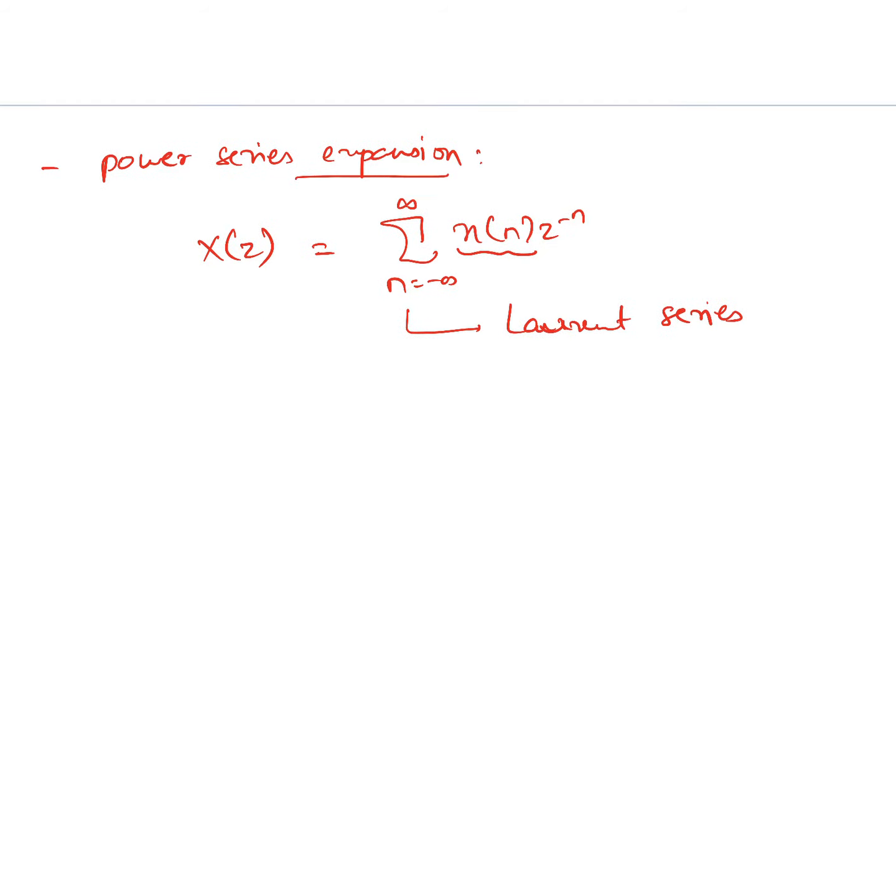Meaning to say, you can write this expression as some terms plus x of minus 2 z squared plus x of minus 1 z plus x of 0 plus x of 1 z inverse plus x of 2 z to the power minus 2, and so on. So it becomes a series, what we call the Laurent series, where the sequence values x of n are the coefficients of z to the power minus n.